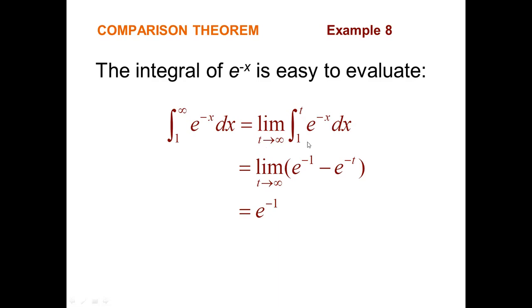If you integrate this, your answer will be negative e raised to negative x, right? e to the u du is e to the u. However, the du of this is negative, so that's why you see here a positive answer. Negative dx, so you place negative here, and the answer of this is e to the u du. So it would be e raised to negative 1 minus e raised to negative t.